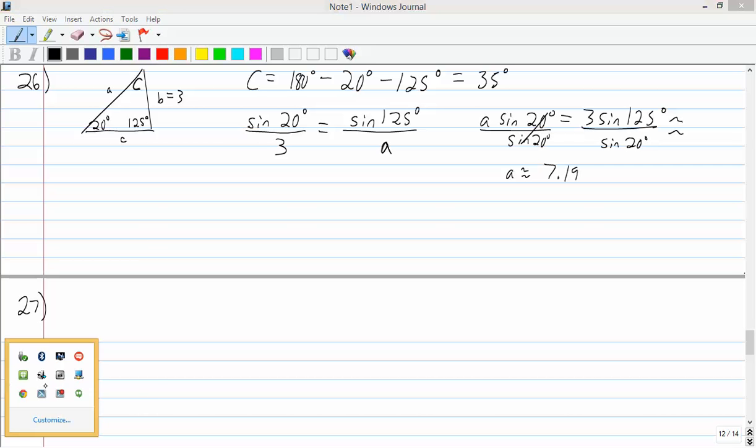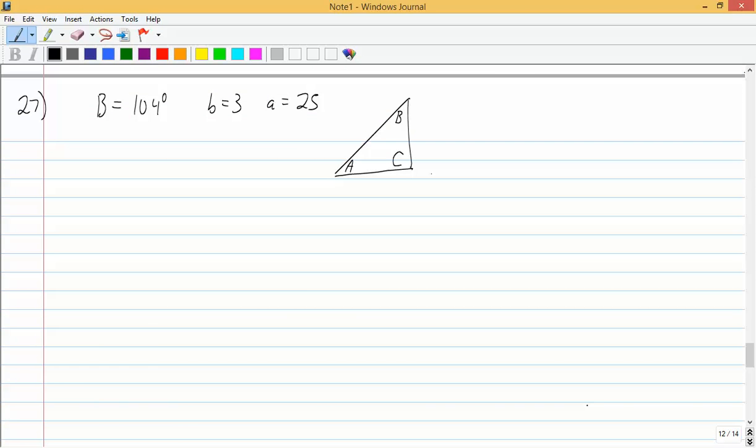All right, so if we want to solve this triangle, I'm given that B equals 3, A equals 25, and angle B is equal to 104 degrees. So I want to solve for the sides that I don't have.